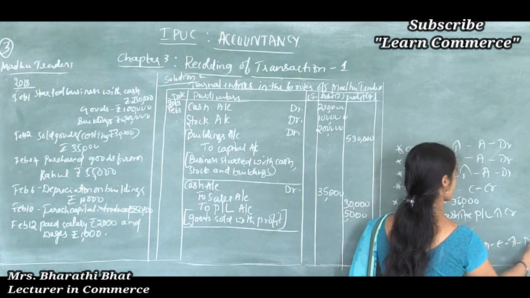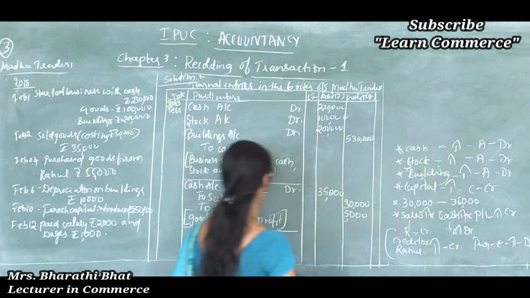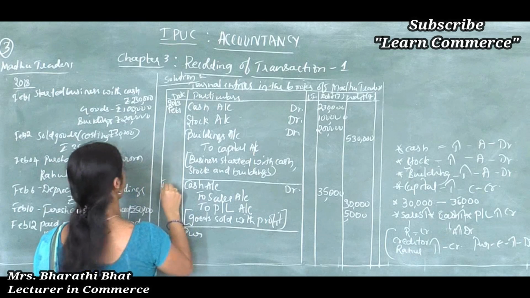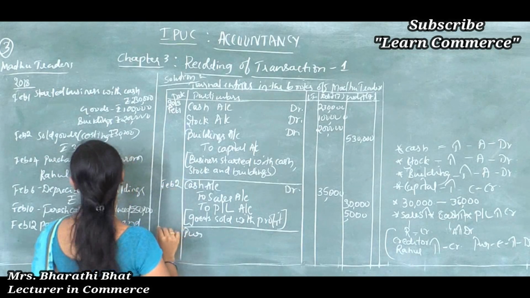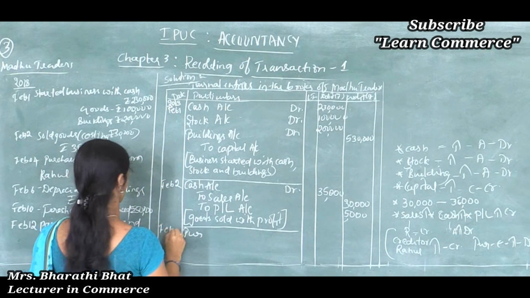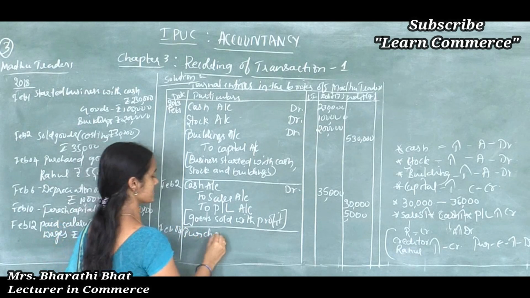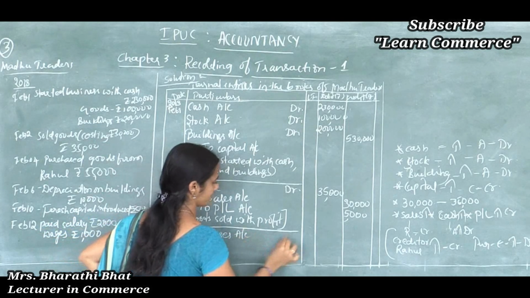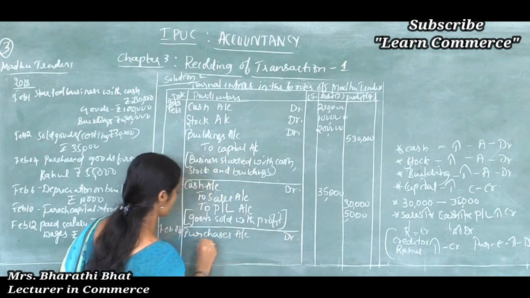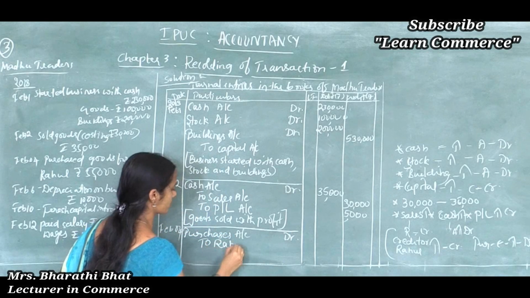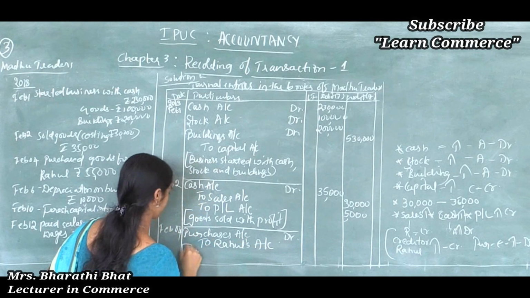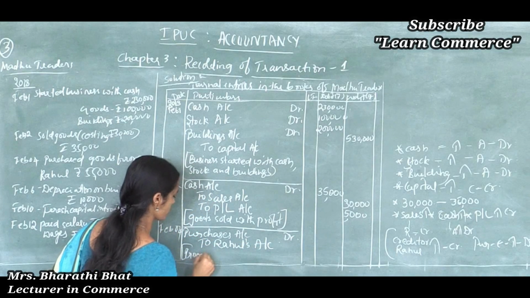Increases in expenses is to be debited. So entries like this. Here we should mention the date, February 2 and February 4. Purchases account debited to Rahul's account. Goods purchased on credit.